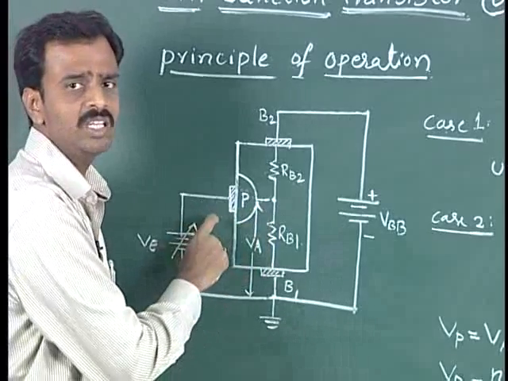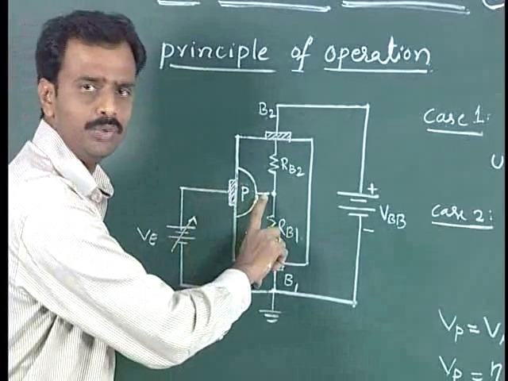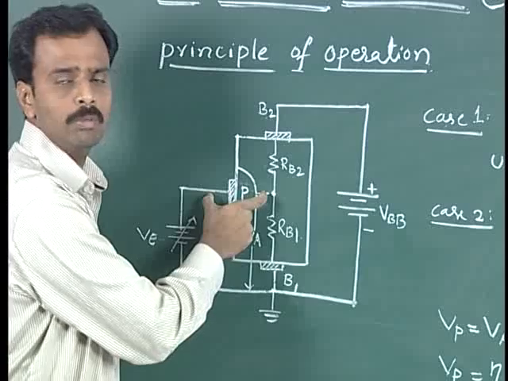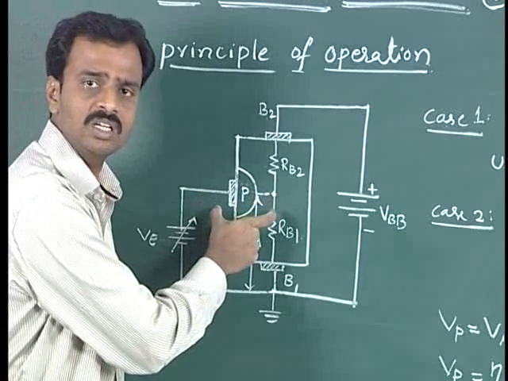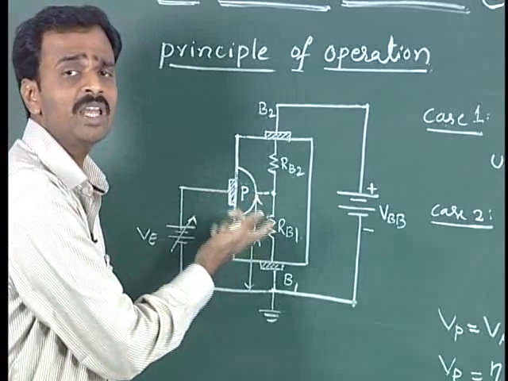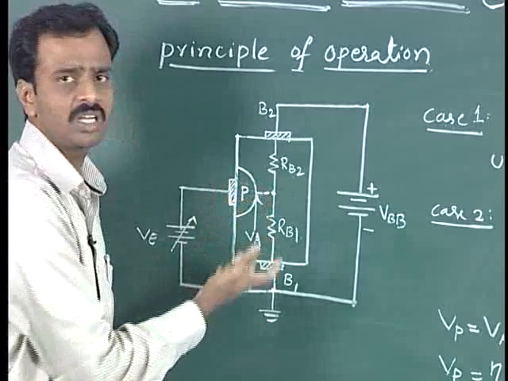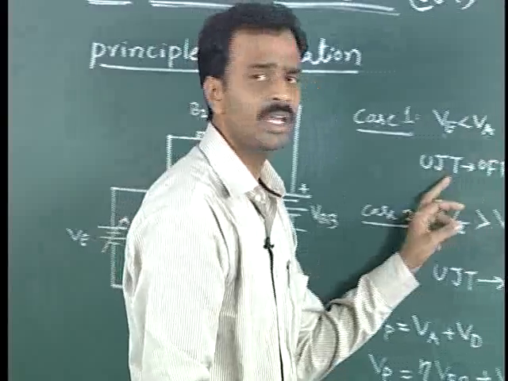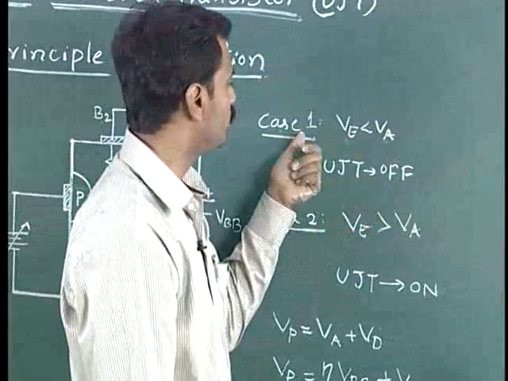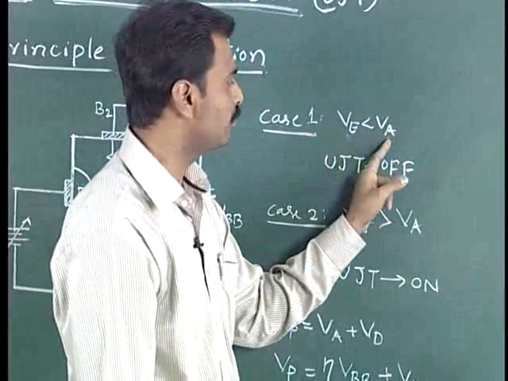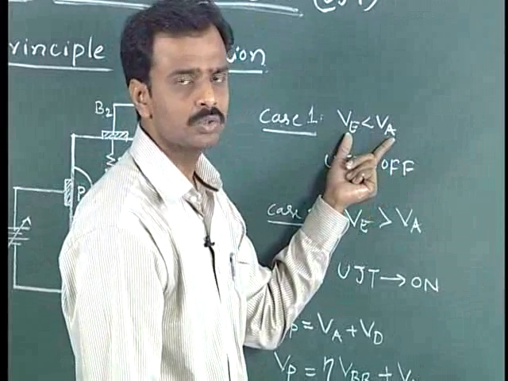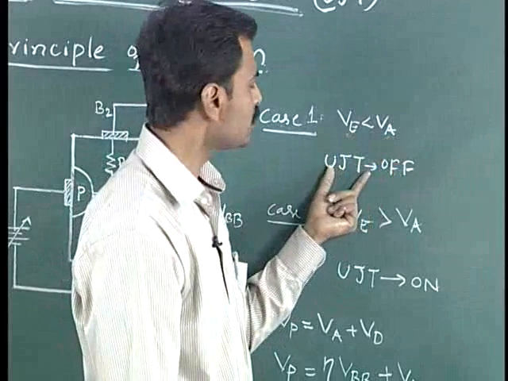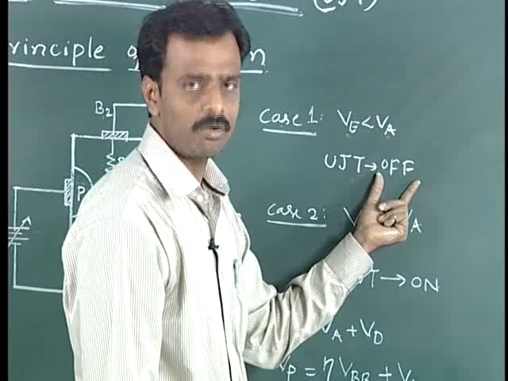As VE is less than VA, the diode will be reverse biased, so the diode will not conduct and the UJT is said to be in the off state. This is the first state, obtained for the first case.